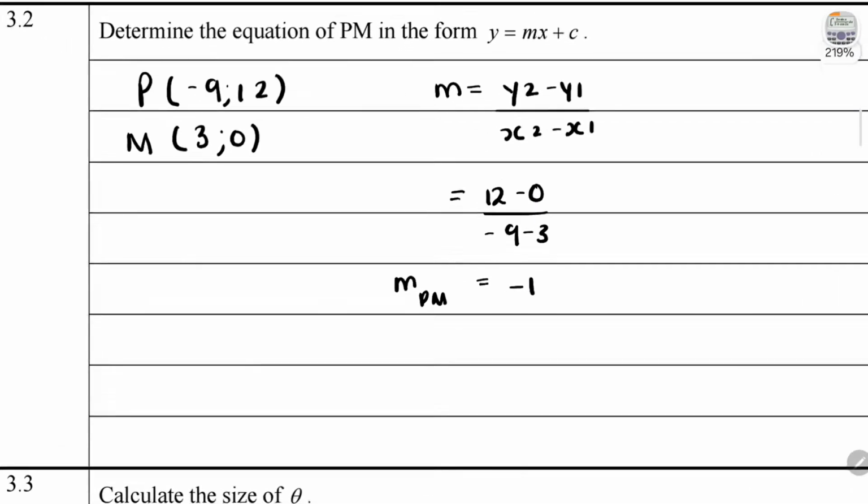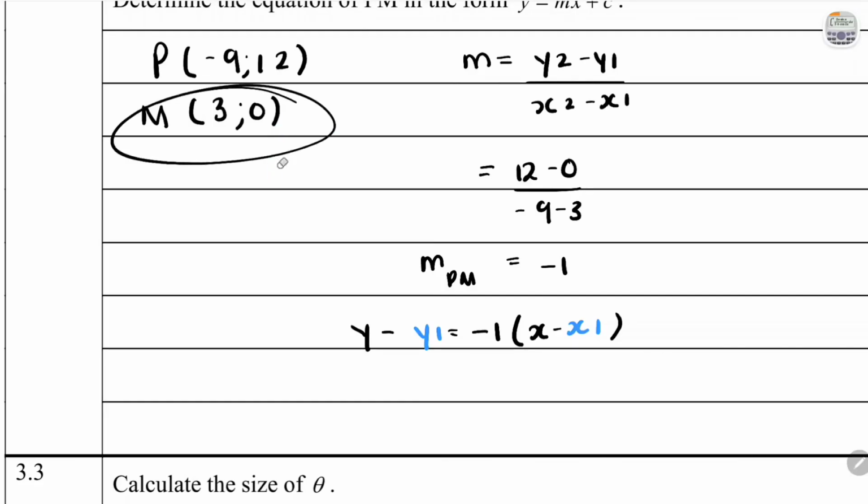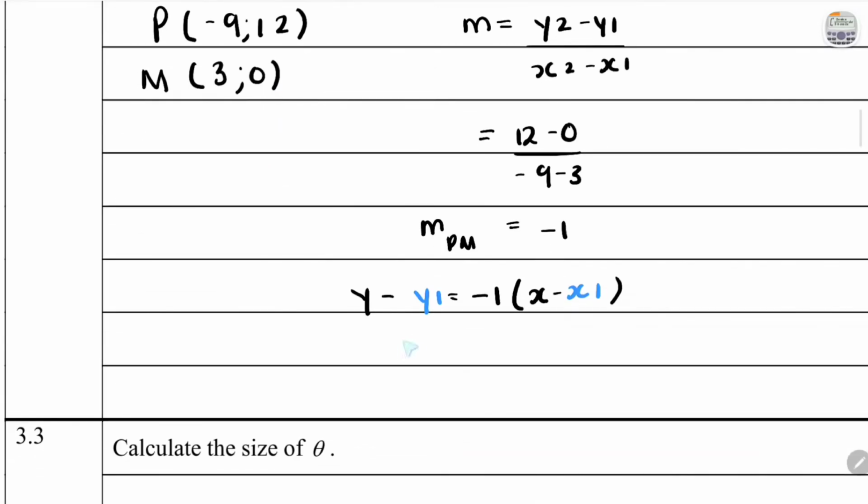Now that we have the gradient, we can find the equation. You can use y equals mx plus c, or you could use y minus y1 is equal to the gradient, which is negative 1, multiplied by x minus x1. In place of y1 and x1, we substitute a point on PM. We can choose M since it's a simpler point to use.